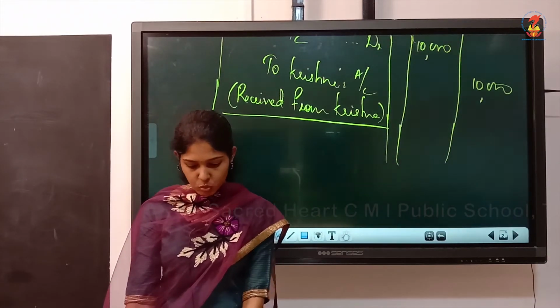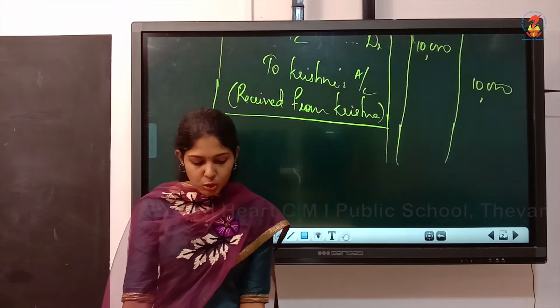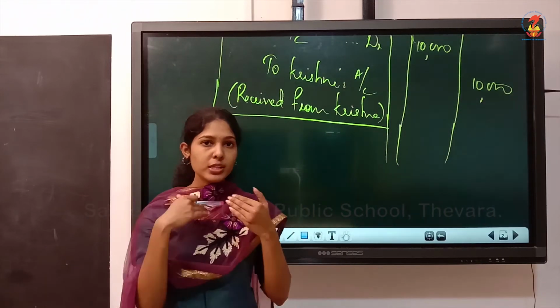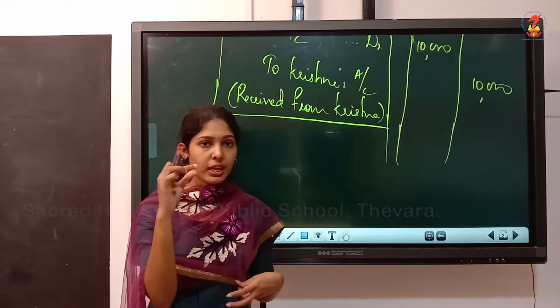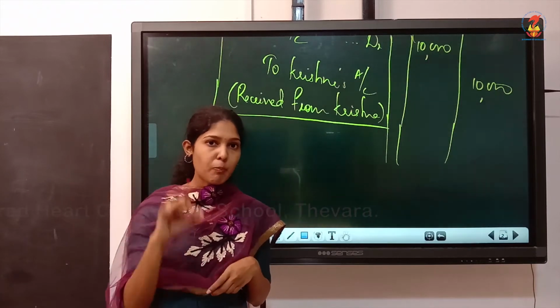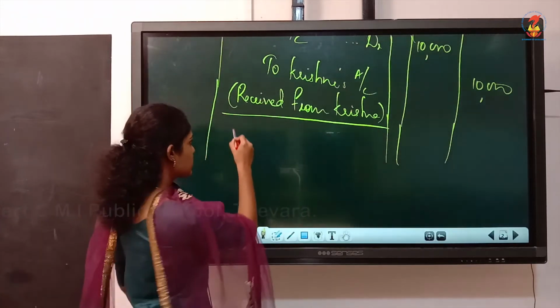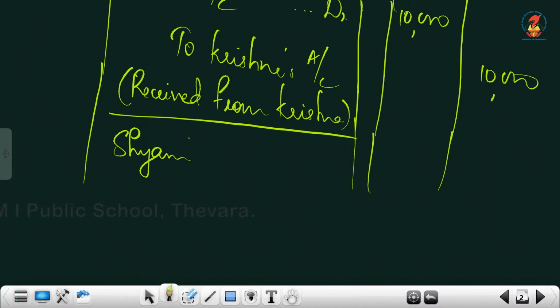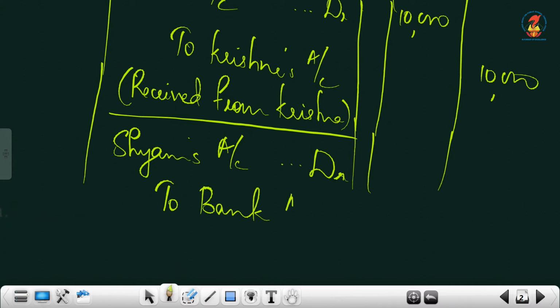Then, the next one. Paid to Shyam by check. So, what is moving out? It's not the cash, it's the check moving out. That is bank account, you have to credit. So, we have to write Shyam's account debited to bank account.